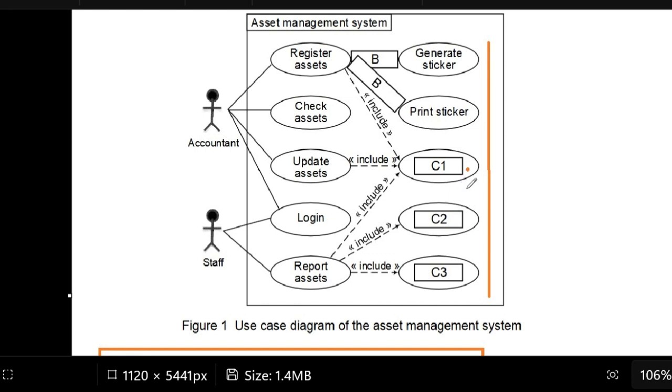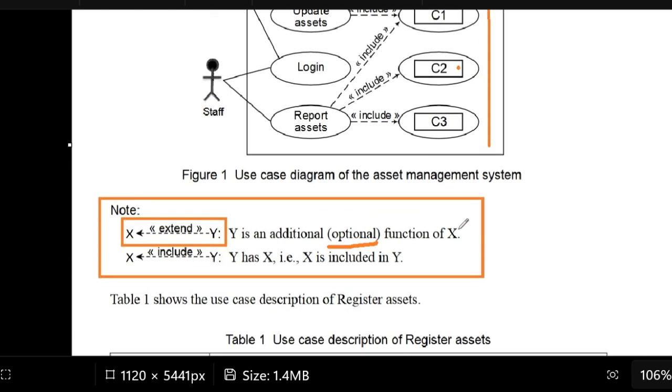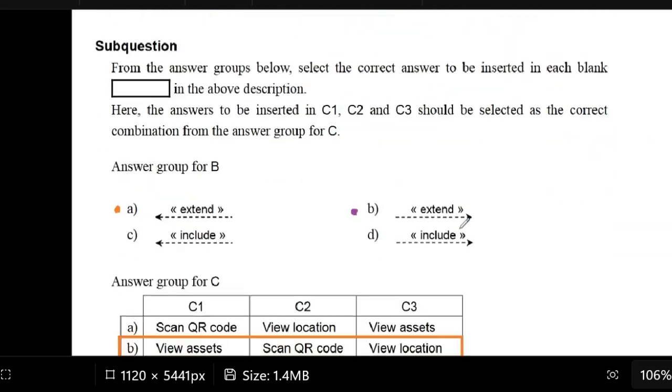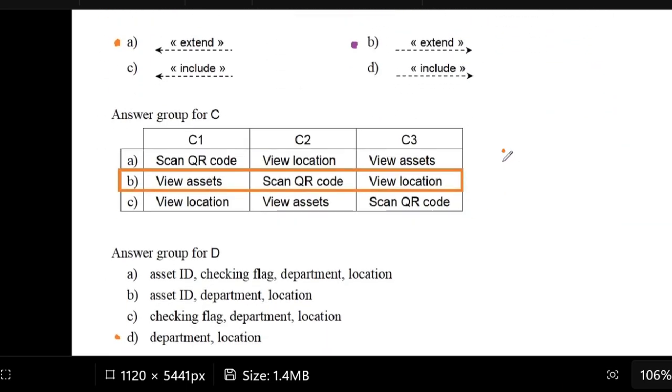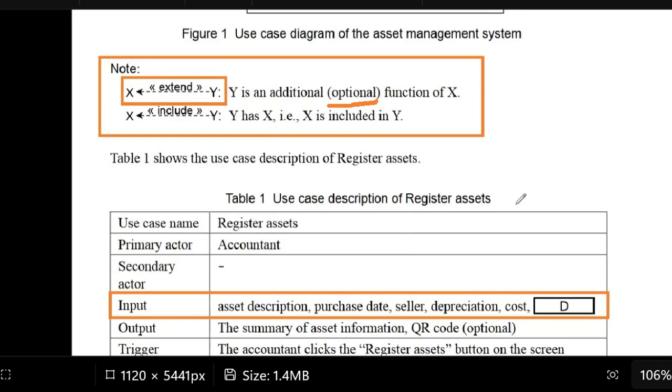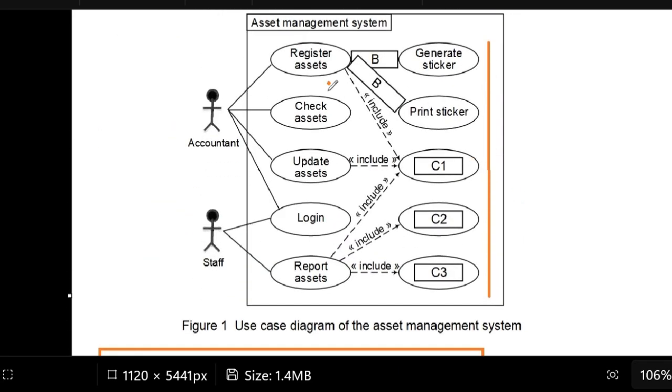Now for letter C1, C2, C3, we need to look at the choices. The thing with this one is that when I was answering this, I thought that it would be A, because if we follow the steps, it seems like we need to scan the QR code first, right? But it turns out if we look at the diagram, we can see that register assets also includes C1.